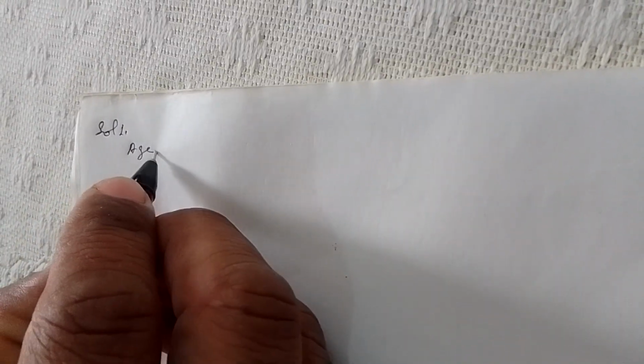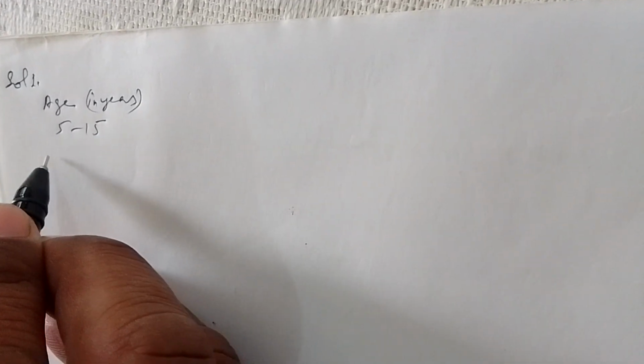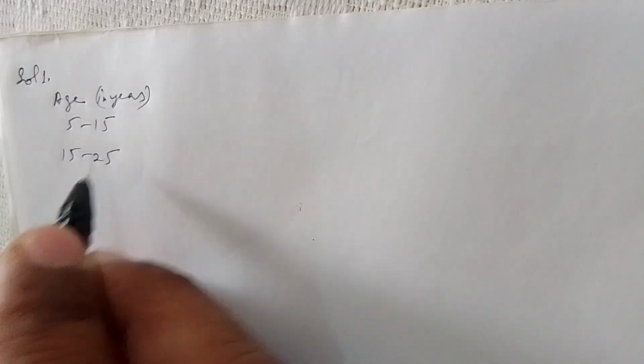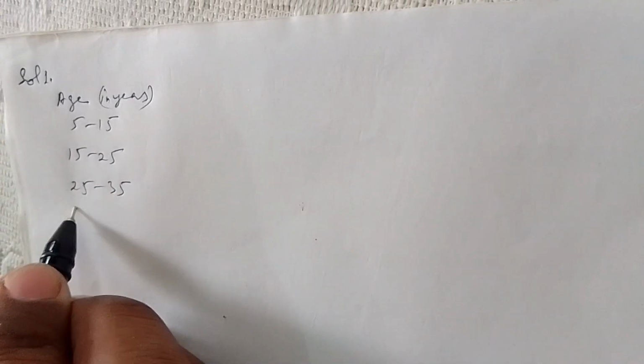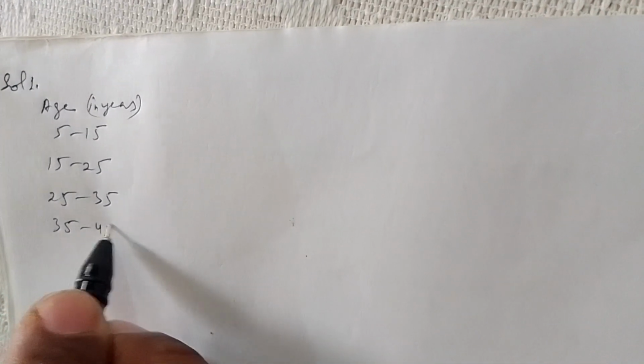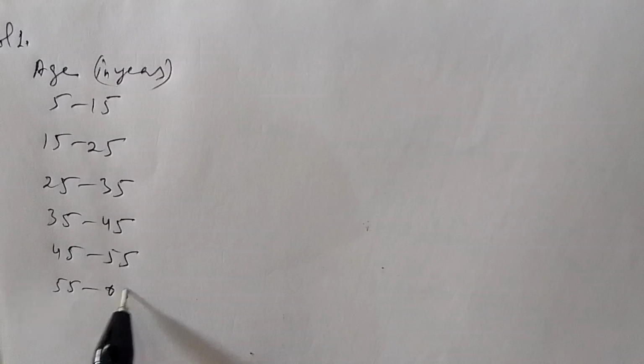Now we will make the table. The first column of the table will be the age in years, that is 5 to 15, 15 to 25, 25 to 35, 35 to 45, 45 to 55, 55 to 65.